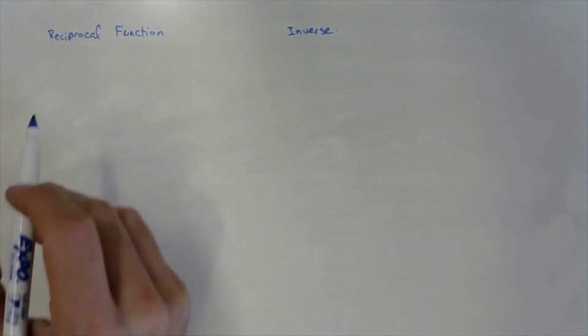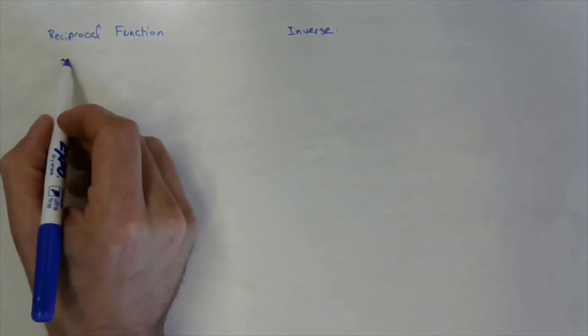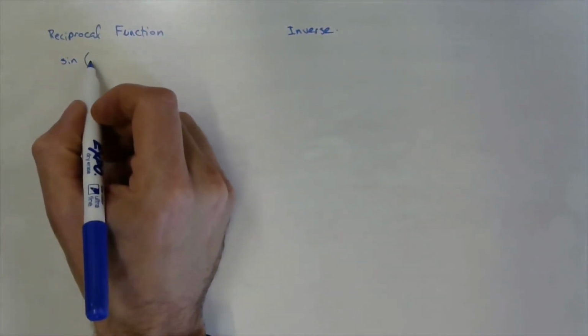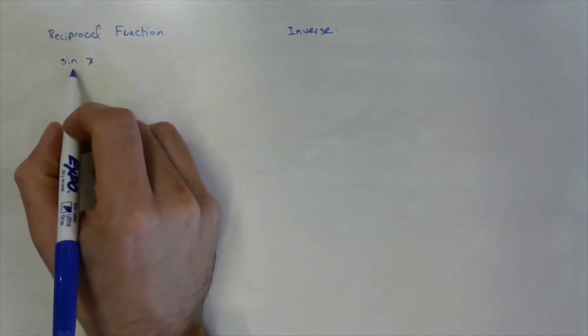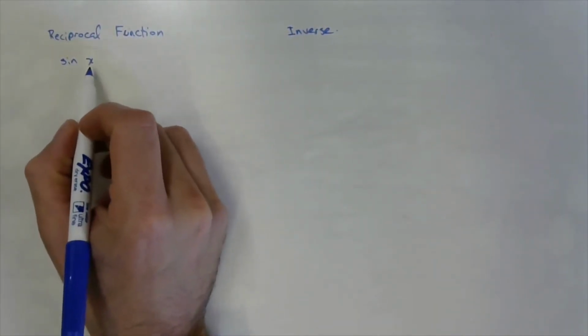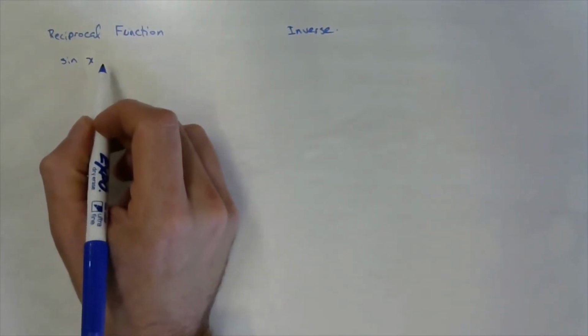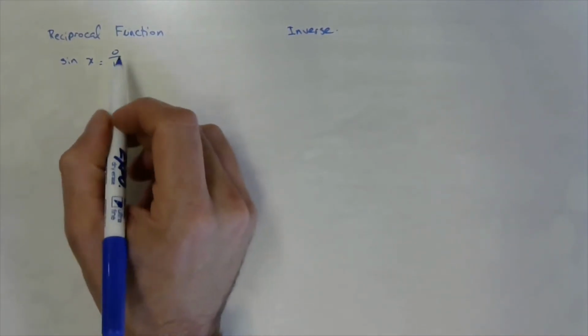Basically, what you need to know is that if you're talking about the reciprocal, so you start with sine, and you have the sine of some angle, doesn't matter what it is, okay? If you type this in, what you're going to get out is a ratio. In this case, the ratio of opposite over hypotenuse within a unit circle.